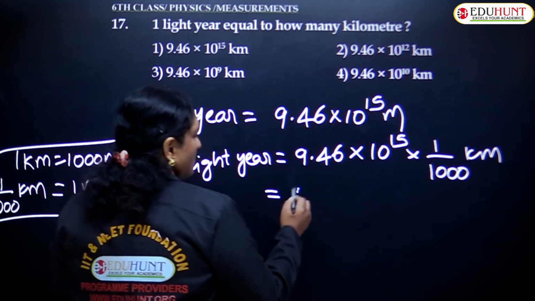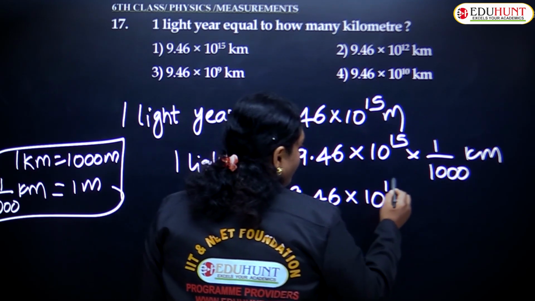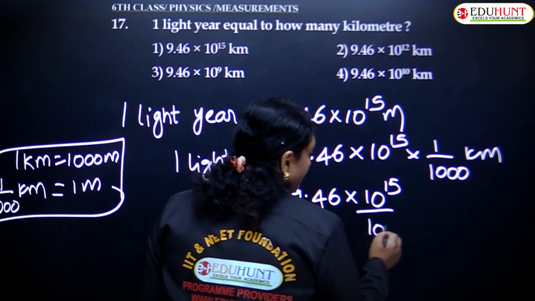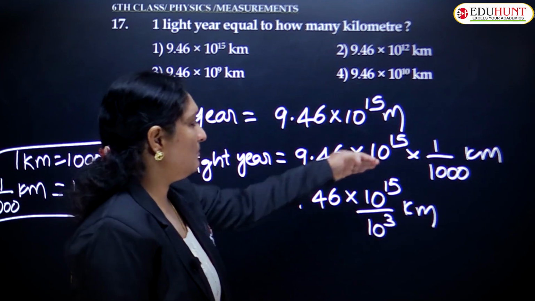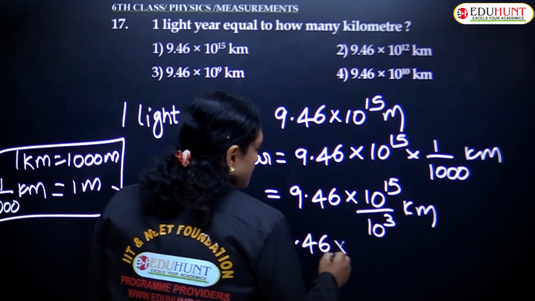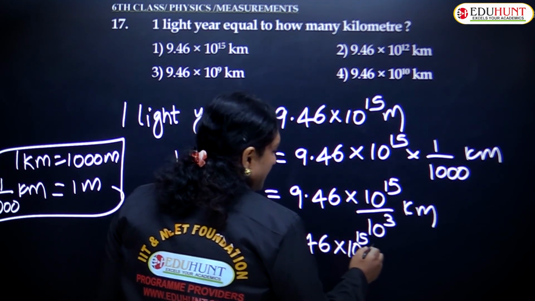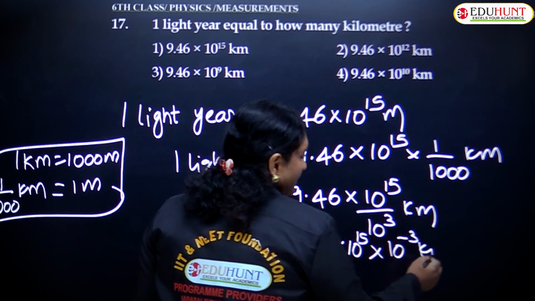So this is equal to 9.46 into 10 power 15 by 10 power 3 kilometers. 10 power 3 moves up, 9.46 into 10 power 15 into 10 power minus 3 kilometers.